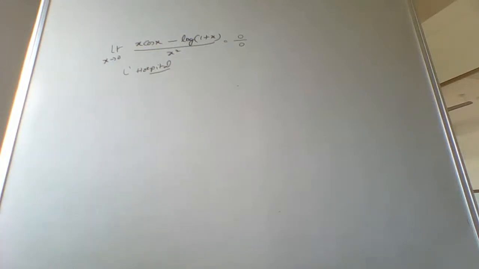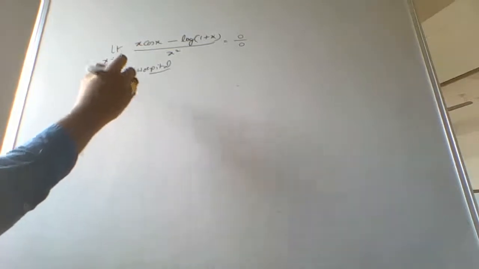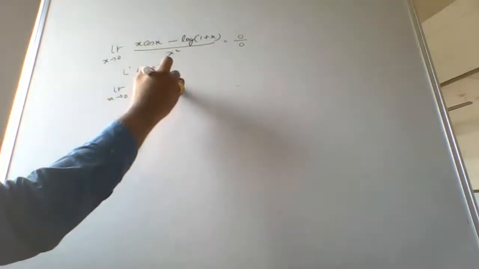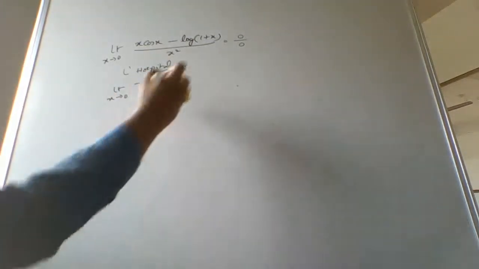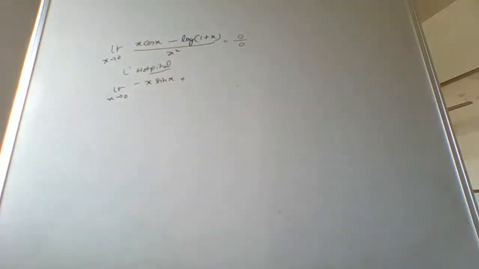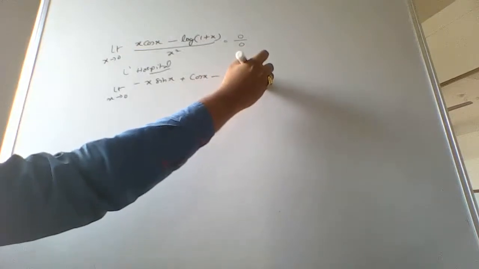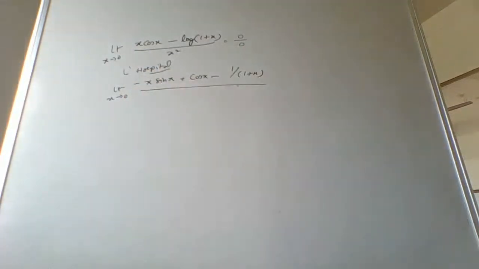For the numerator, x cos x is in the form of u into v, so this would be x times the derivative of cos, which is minus sine x, plus the derivative of x, which gives cos x alone. The derivative of log of 1 plus x would be 1 by 1 plus x. Fine. That's the numerator.